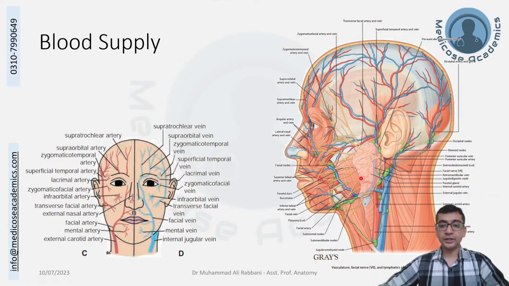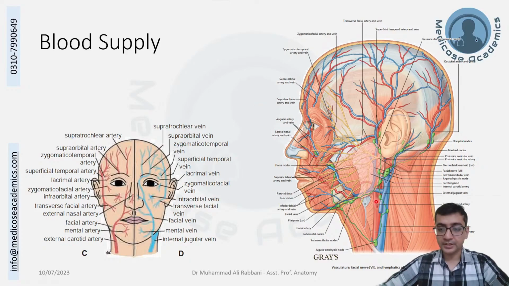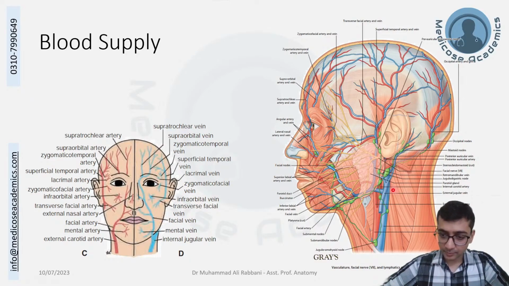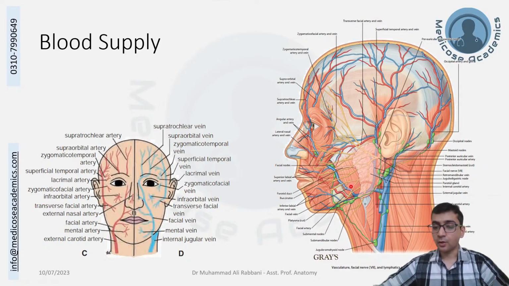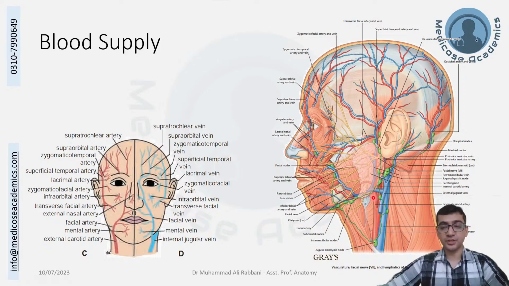Facial artery. In the third lecture of the neck, where we discussed the arteries, the branches of the external carotid and the branches of the subclavian, we discussed how it arises from the external carotid artery and reaches the lower margin of the face by coming through the submandibular fossa.